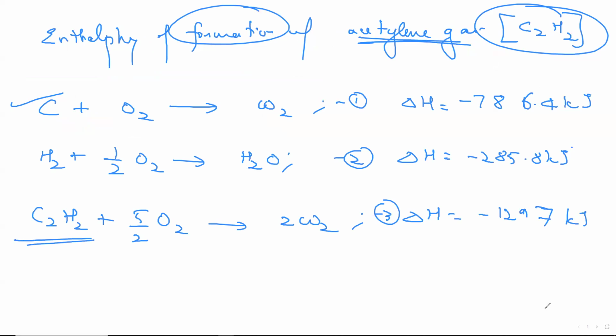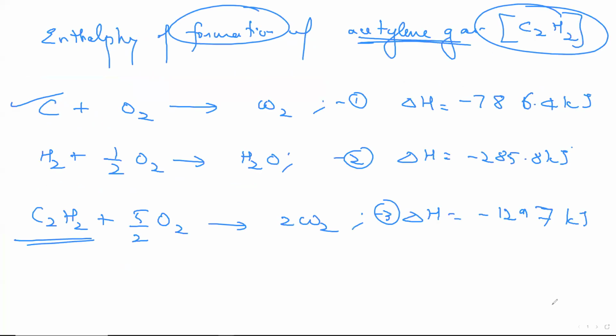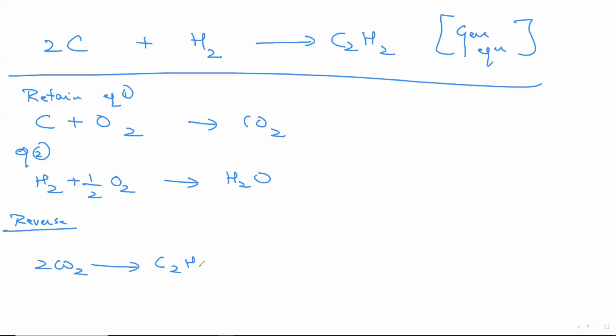In the question, it was on my left-hand side. So once I reverse, 2CO2 becomes C2H2 plus 5 by 2 O2. I'll start adding the delta H from the last equation. Since I reversed it, it becomes plus 1297.